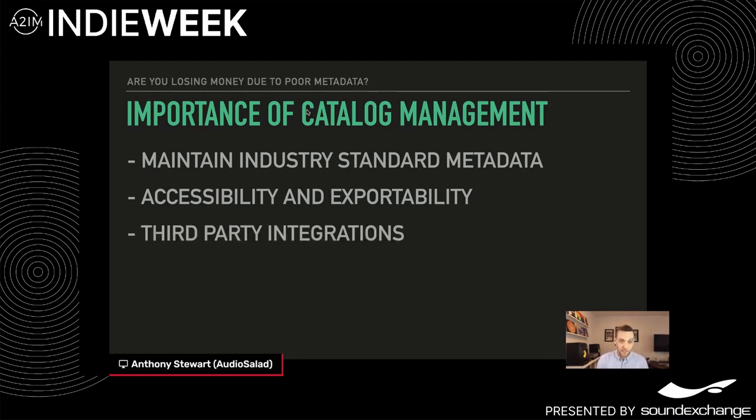And then last but not least, you want to optimize and have as many different third-party integrations as possible. This can mean direct deliveries, DDEX deliveries into DSPs, to other utility platforms, rights management, content identification systems, royalty reporting software, analytics software, any place you can set up a third-party integration so that the metadata is shared in a programmatic fashion rather than you manually, redundantly uploading metadata into a new system.